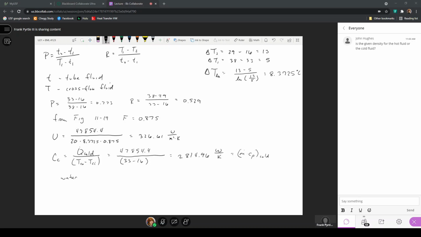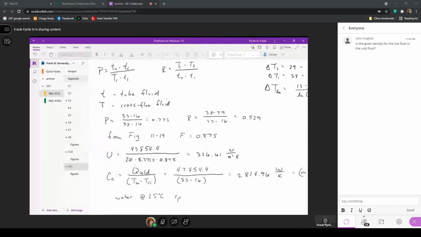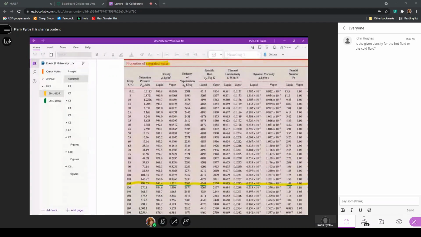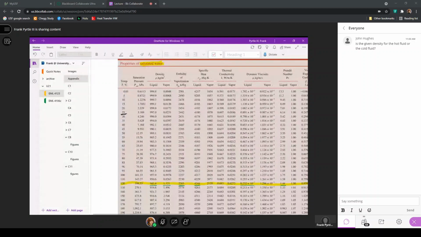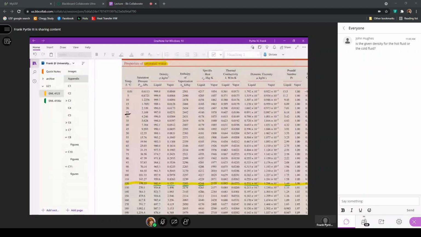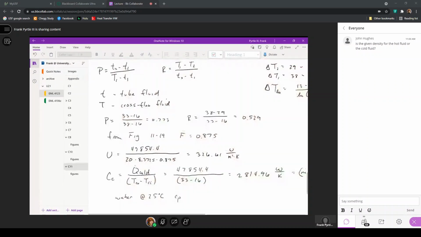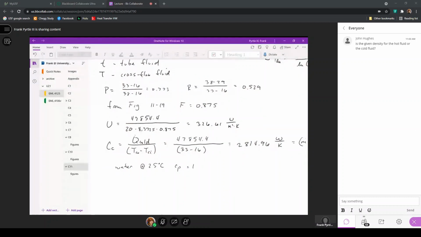So for water at 25 degrees C, we can look up the specific heat. Going back to the tables, for saturated water at 25 degrees, the specific heat is 4,180 joules per kilogram Kelvin.